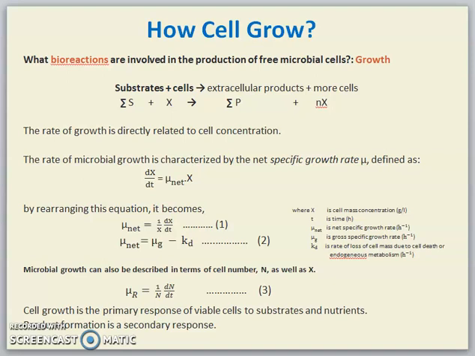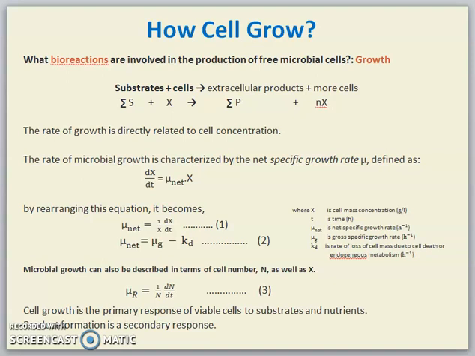The rate of microbial growth is characterized by the net specific growth rate, defined by dX over dt equals mu net times X, or if we rearrange this equation, mu net equals 1 over X dX/dt. This is the general equation for the growth rate of cells. Microbial growth can also be described in terms of cell number.